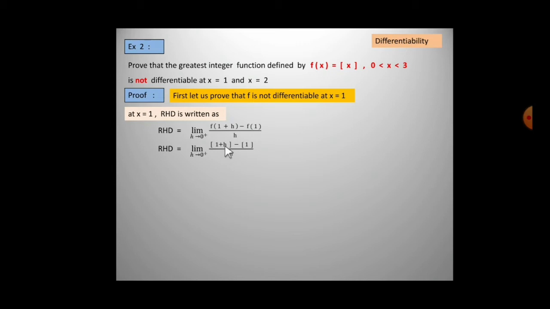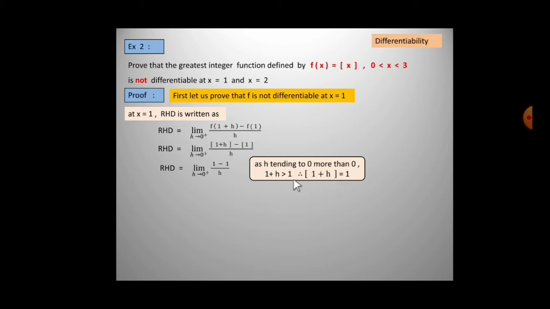So now h more than 0 means 1 plus h is a number more than 1. Therefore the greatest integer of 1 + h is written as 1 only. Here is the reason: the number 1 + h is more than 1, but it is not more than 2.